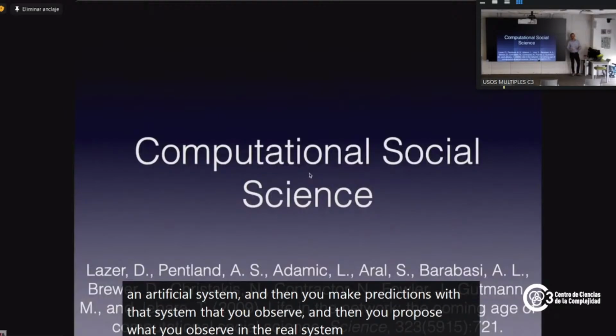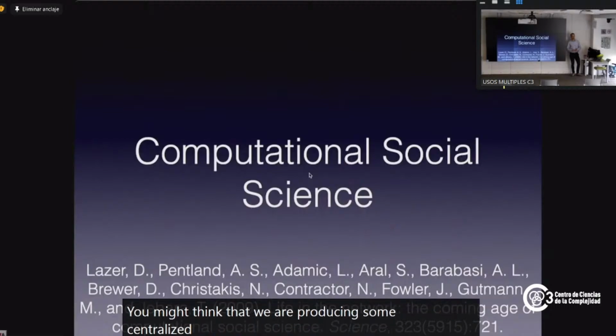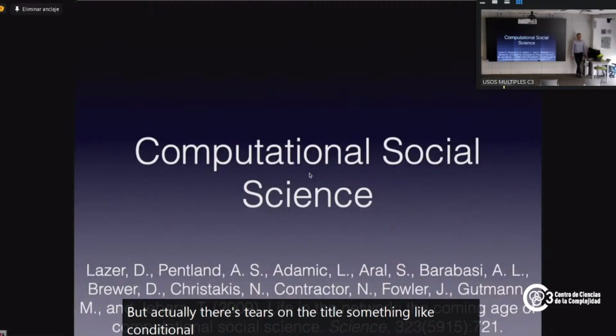Then you might think that you are reproducing some essential aspects of the real system. But actually, there's an interesting philosophical paper, by some of my teachers and subjects, and the title is something like Computational Simulations as Opaque Thought Experiments.